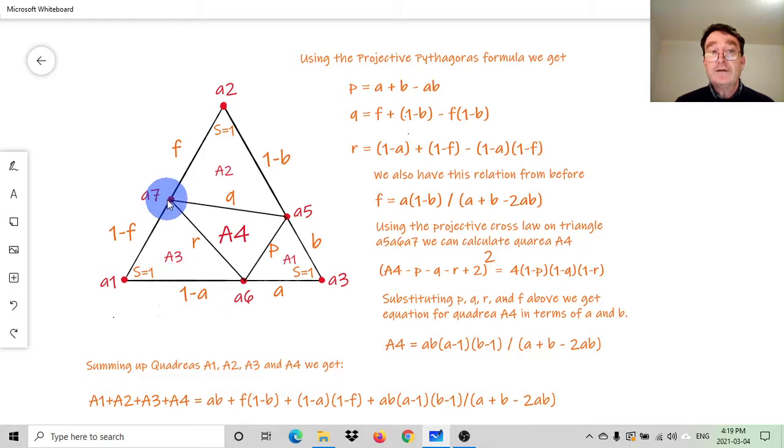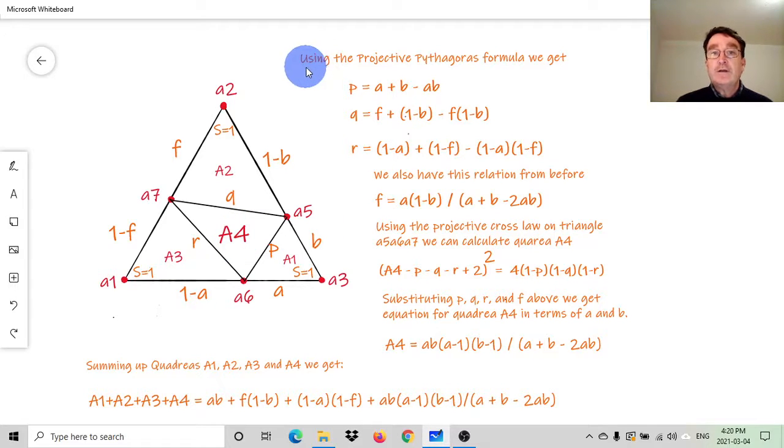So the quadrance between A5 and A7 is Q, the quadrance between A6 and A5 is P, and the quadrance between A7 and A6 is R. And the quadria of this triangle down here is A1, this triangle is A2, this triangle is A3, and the triangle in the middle is A4.